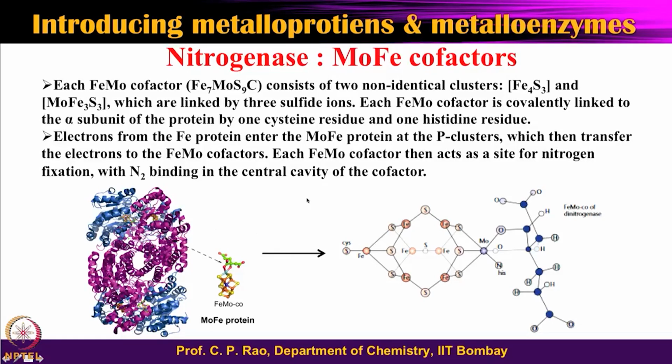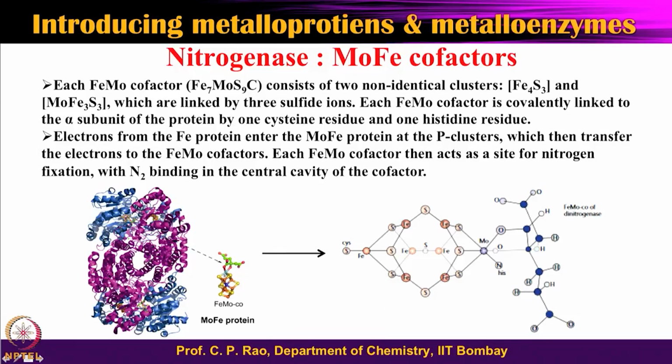Basically, of the 8 electrons, the first 2 electrons are involved in converting 2H+ plus 2 electrons to H2. Okay. So, we have a case where the remaining electrons at the molybdenum center will convert the N2 to NH3 and 2H+ to H2, and that is what is happening at this particular center.